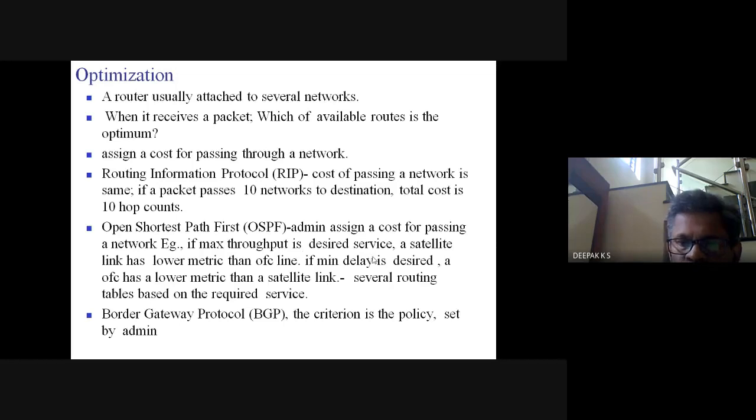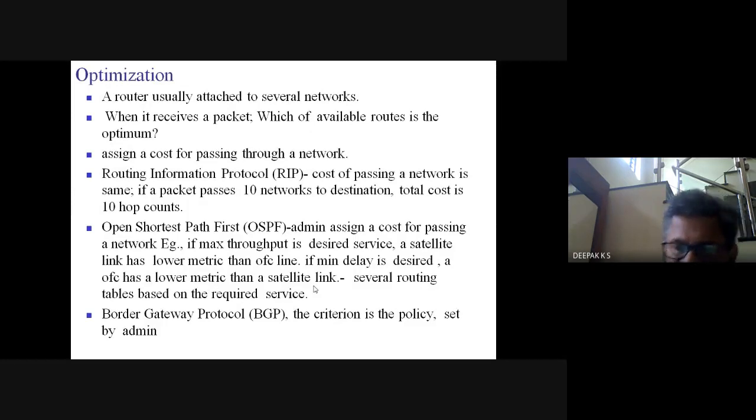A satellite link has a lower metric than an optical fiber line. On an optical fiber line, the bandwidth is high, so the throughput and data rate would be high. Compared to that, a satellite link has lower throughput, so it would have a lower value metric than an optical fiber line. Now if minimum delay is considered, the optical fiber will have a lower value compared to a satellite link.